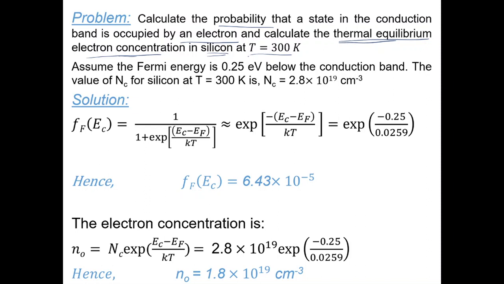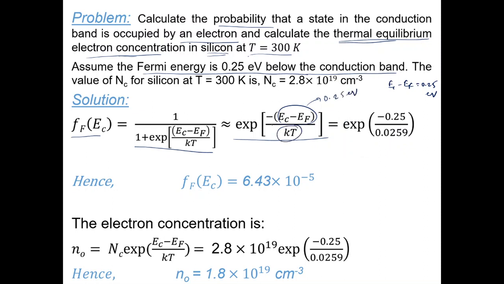Now the probability is nothing but the Fermi function. You remember the Fermi function we have seen in the previous slide. If you want, you can simplify this into the Maxwell-Boltzmann distribution, and then what it says is the Fermi energy is 0.25 electron volt below the conduction band, which means EC minus EF is equal to 0.25 electron volt.